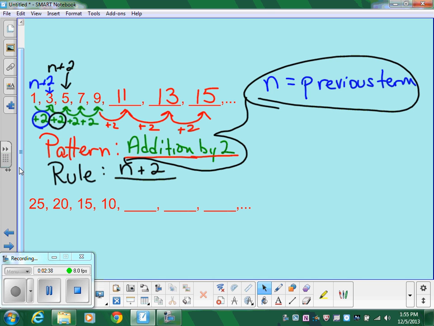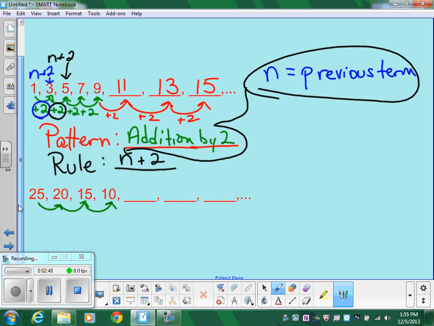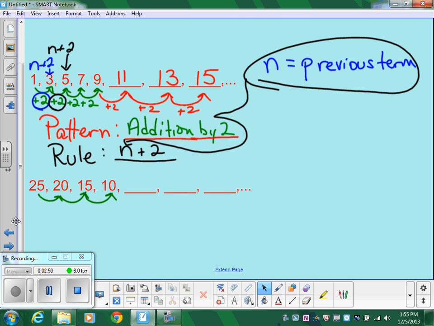Let's take a look at our second example here. What pattern do you observe as we continue through here? To go from 25 to 20, we are subtracting 5.